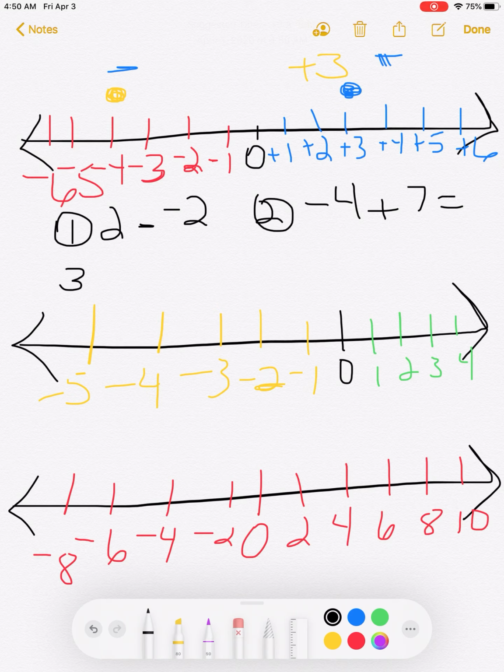Let's look at number 3. -3 minus 3. And let's look at number 4.